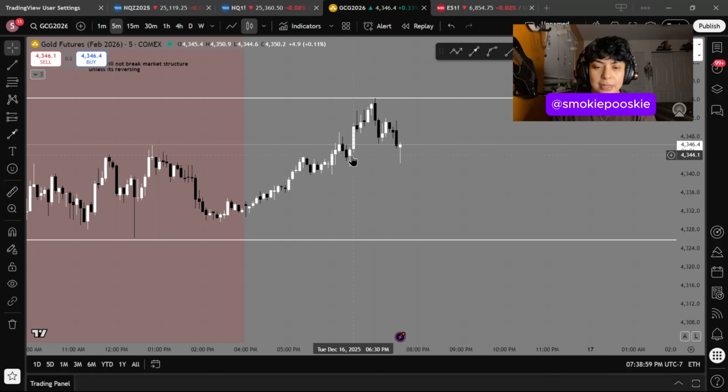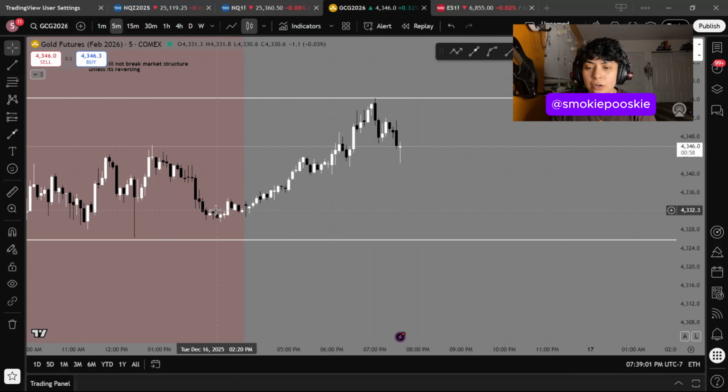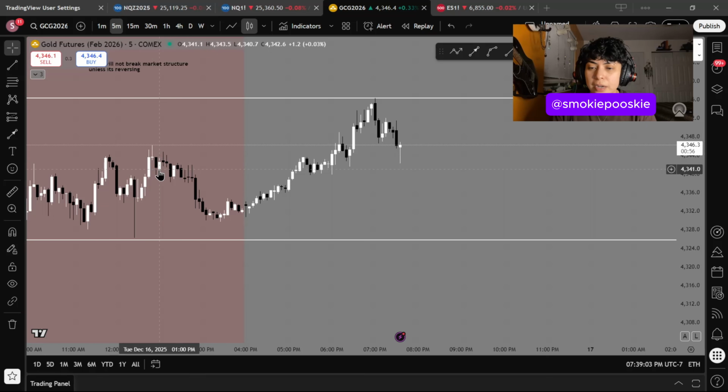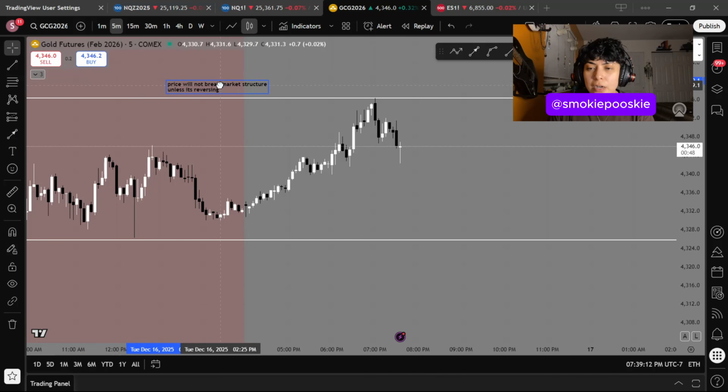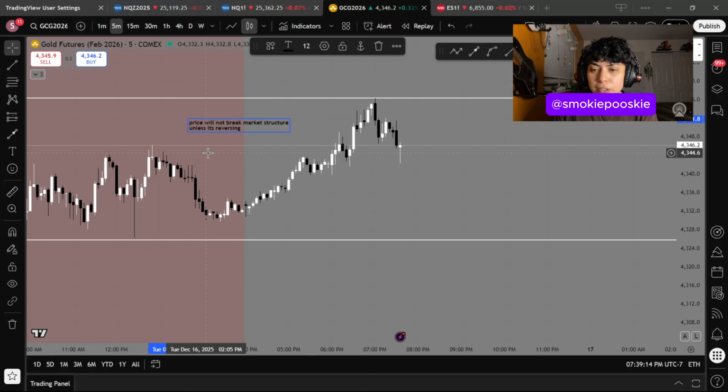And what I mean by levels is swings. So right here, price was bearish, right? Lower high, lower low, lower high, lower low, until it broke market structure. Price will not break market structure unless it's reversing. So what did price do? It started getting bullish, right?